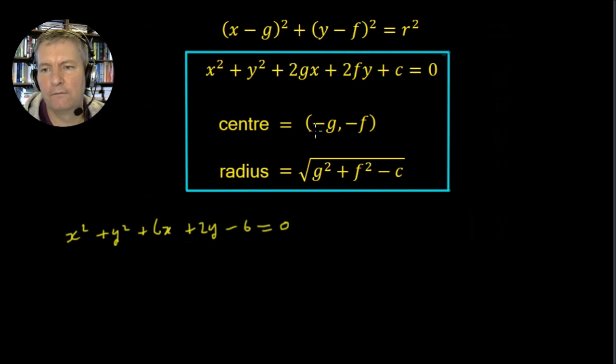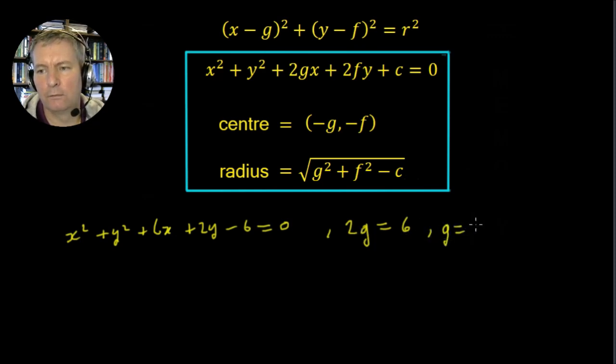So first of all, we can find the values of g and f. The coefficient of x is 2g, so 2g is equal to, well, what is the coefficient of x? The coefficient of x is 6. So 2g is equal to 6, so g is equal to 6 over 2, which is 3.